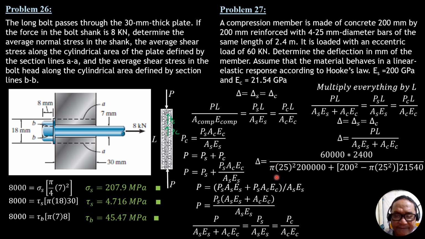So 4 times pi over 4, cancel 4, so pi 25 squared, E sub S, while area of concrete is outer area 200 squared minus area of steel, which is pi 25 squared, then times E of concrete, which is 21,540 megapascals. So E should be in megapascals, force in newtons, length in mm, so that delta will be in mm. Solving for delta, delta is equal to 0.119 mm.